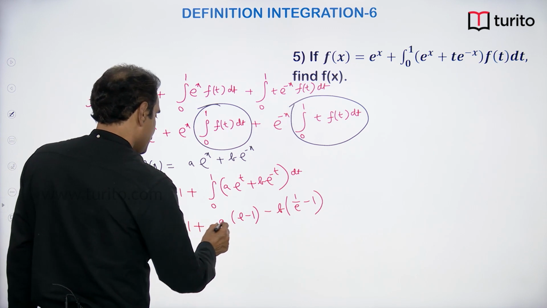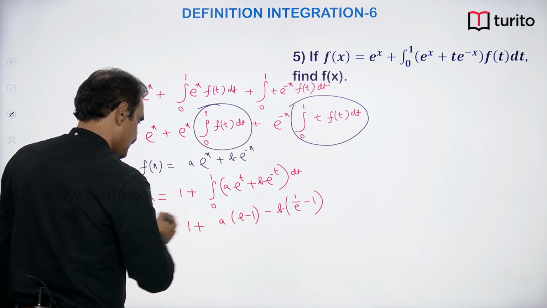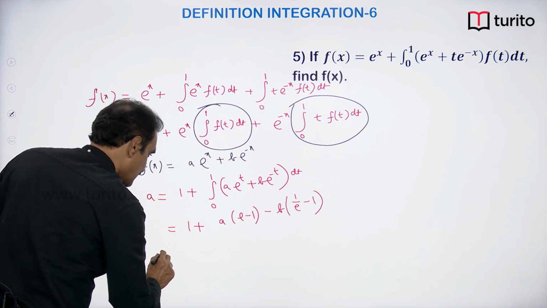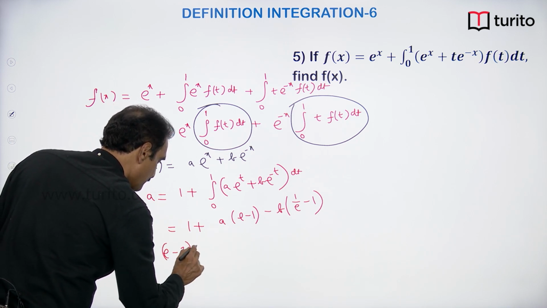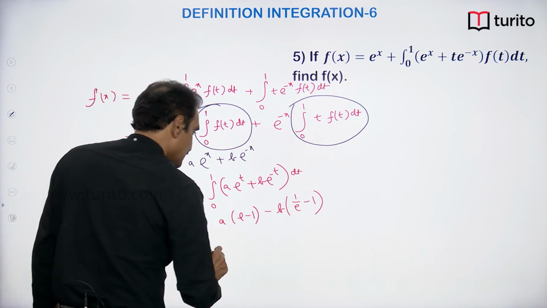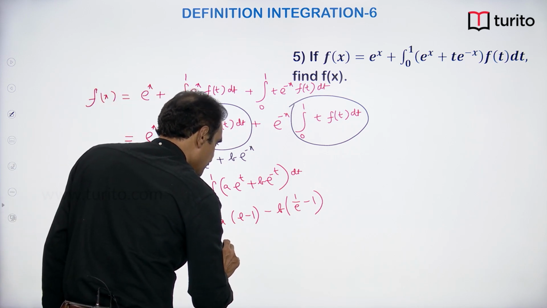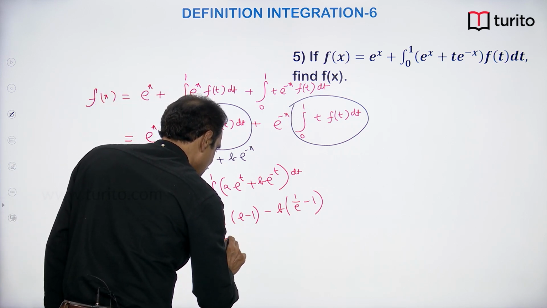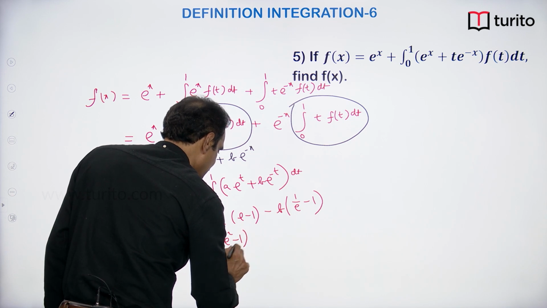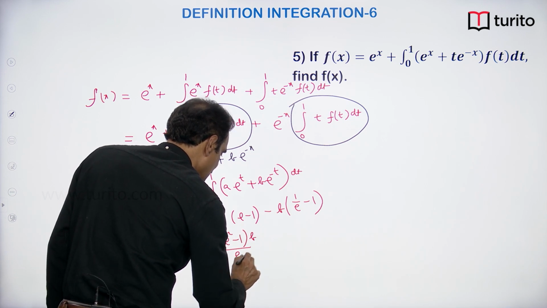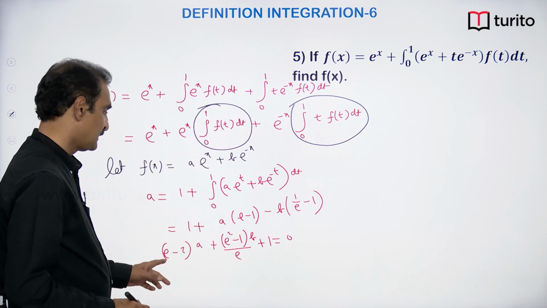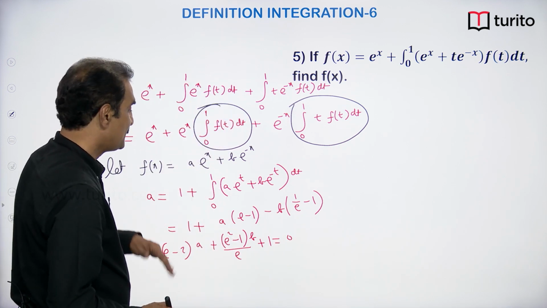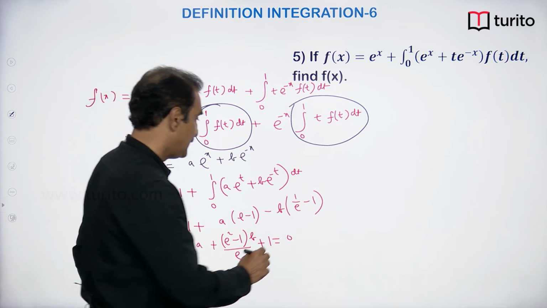Now you can write all the terms on one side. (e minus 2) into a plus (e square minus 1) into b by e plus 1 is equal to 0. Okay. You keep this equation like this, equation 1.